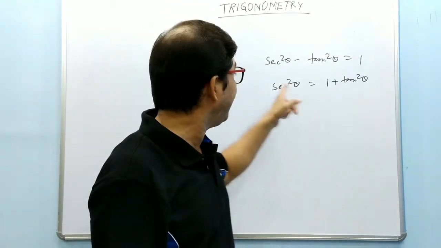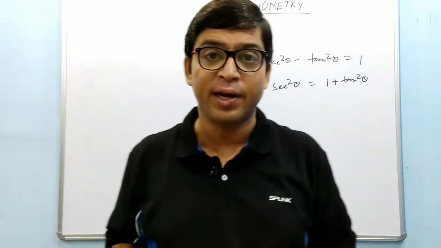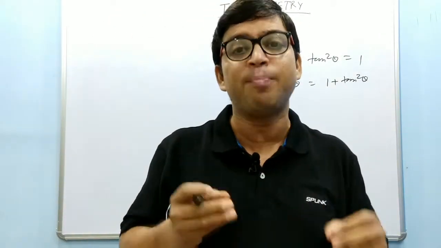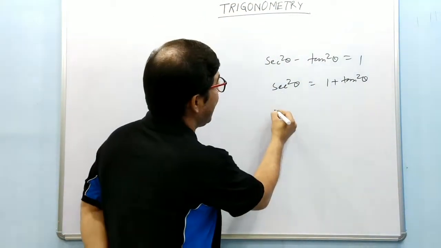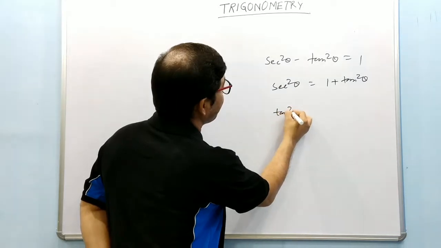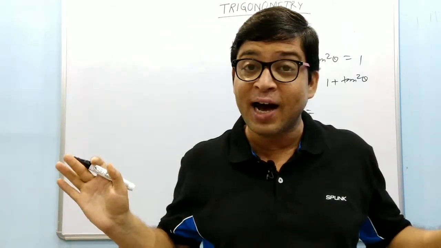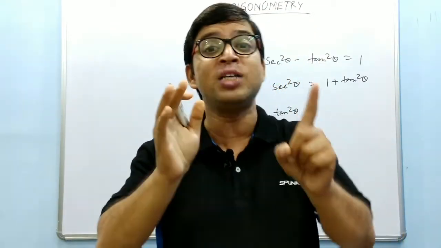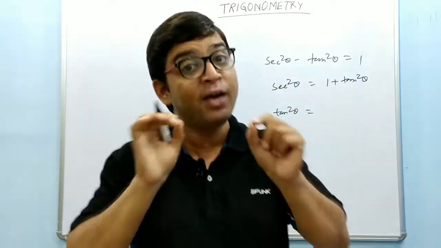But be careful here, sec square theta is always 1 plus tan square theta. So wherever you see 1 plus tan square theta, you can just replace that by sec square theta. Further, tan square theta is not 1 minus sec square theta, it is sec square theta minus 1. So from now on, don't make a mistake, be careful.